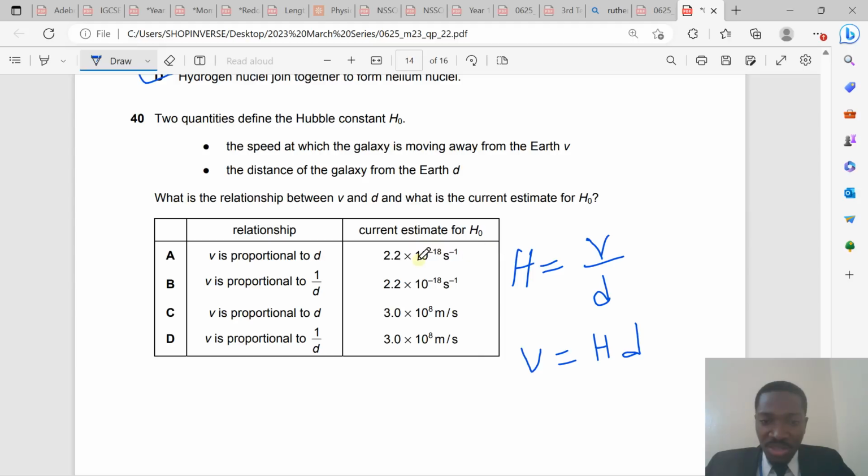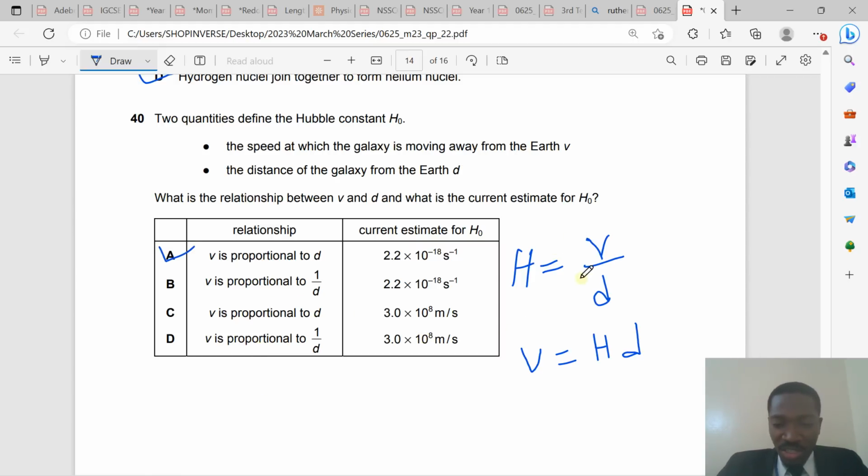Then current estimates of Hubble's constant. What's the current estimate of Hubble's constant? That will be this value, 2.2 times 10 to the power minus 18 per second. Yes, this is the correct value. This is speed of light, of course not. So that makes it the only correct answer.